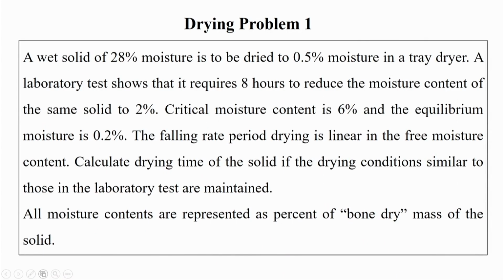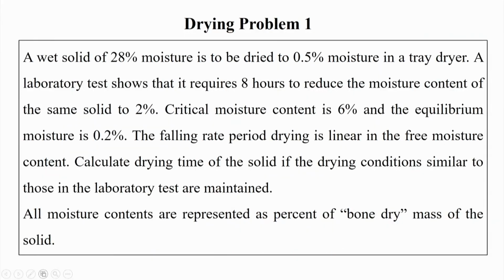Okay. Now, we will be solving a very simple problem here: a wet solid of 28% moisture is to be dried to 0.5% moisture in a tray dryer. A laboratory test shows that it requires 8 hours to reduce the moisture content of the same solid to 22%. Critical moisture content is 6% and the equilibrium moisture is 0.2%.